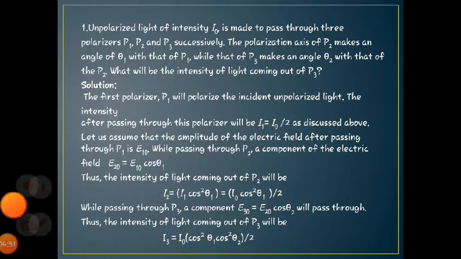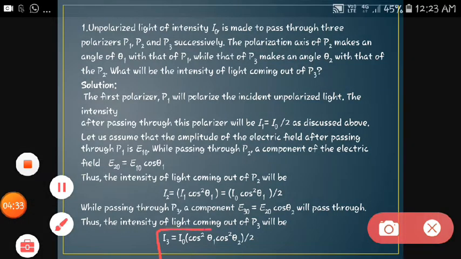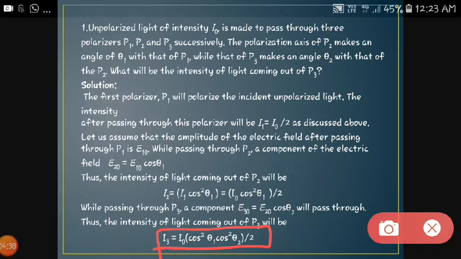So I3 is equal to I0 cos square theta 1 cos square theta 2 by 2. The division by 2 comes from the first polarized light coming out of P1, which gets halved, so I1 is I0 divided by 2.